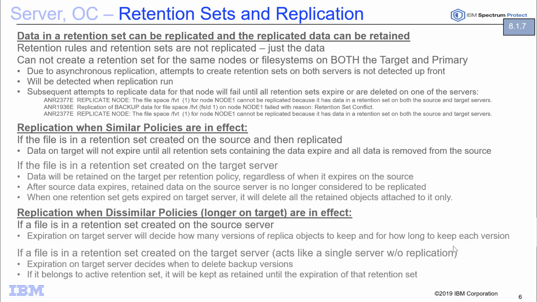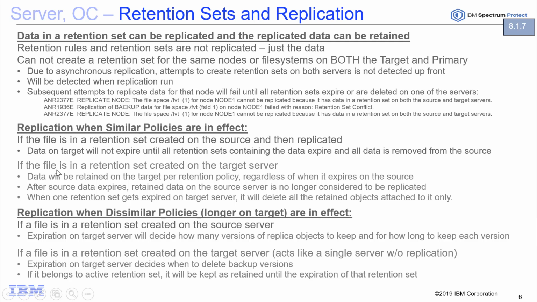Another thing to take into consideration, if you are creating retention sets, is whether your replication is set to have similar or dissimilar policies, and how we treat the data. If it's a similar policy on both the Spectrum Protect target and primary server, and the retention set is created on the source and then replicated over to the target server, the data on the target will not expire until all the retention sets containing that data expire and all the data is removed from the source.